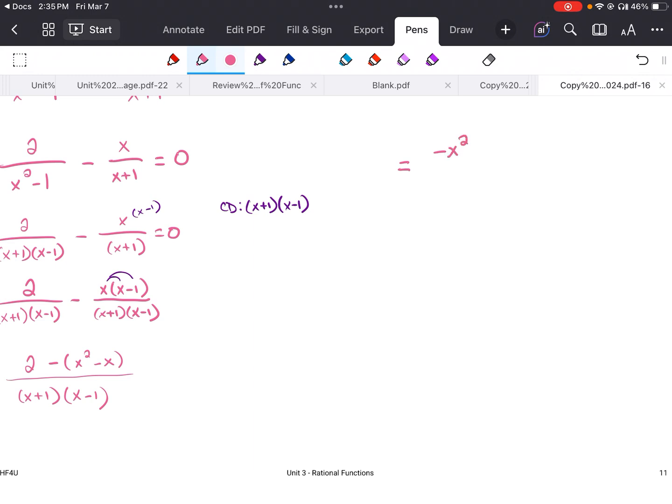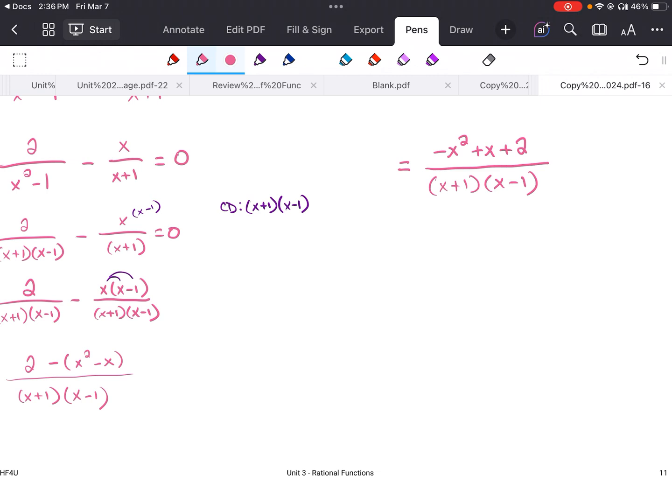Okay, negative 1 times negative 1x is positive x, and plus 2.